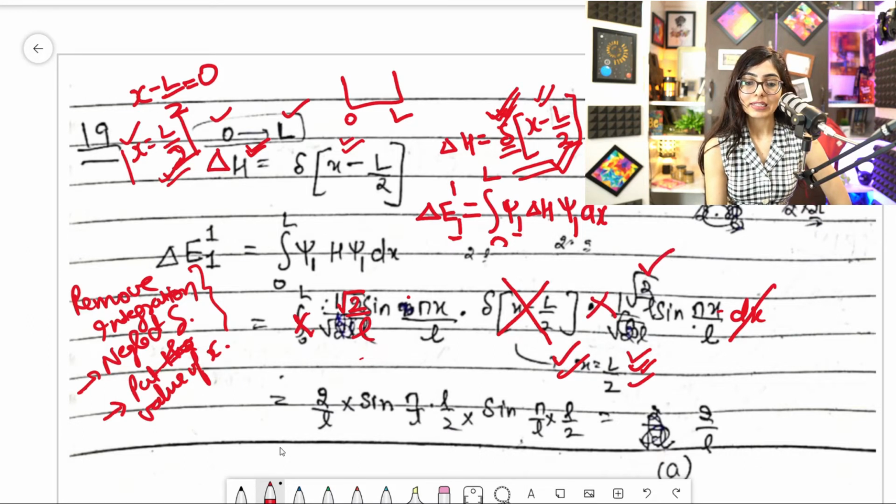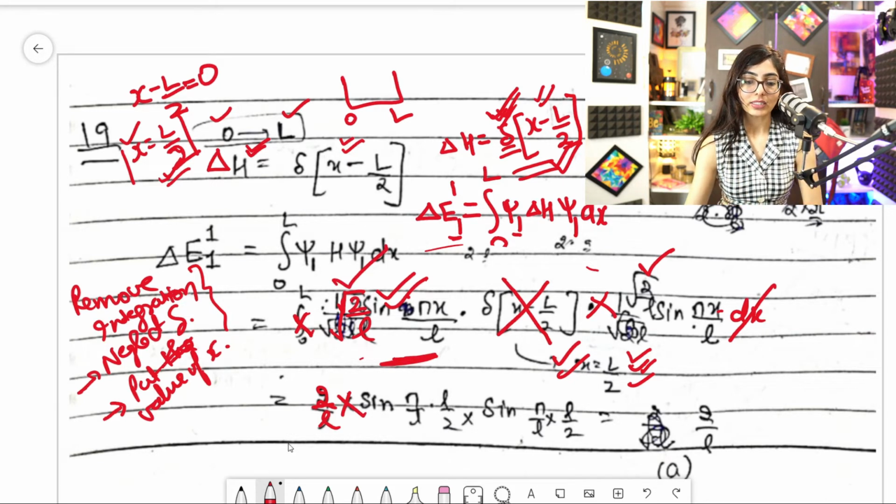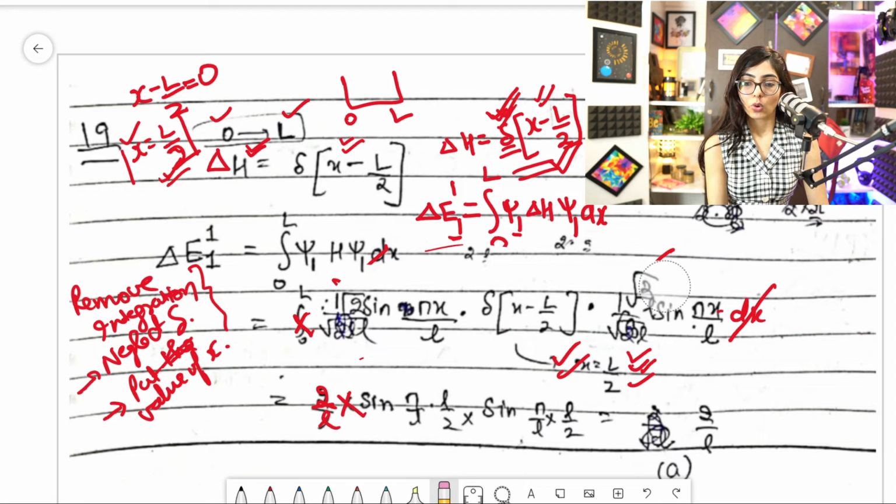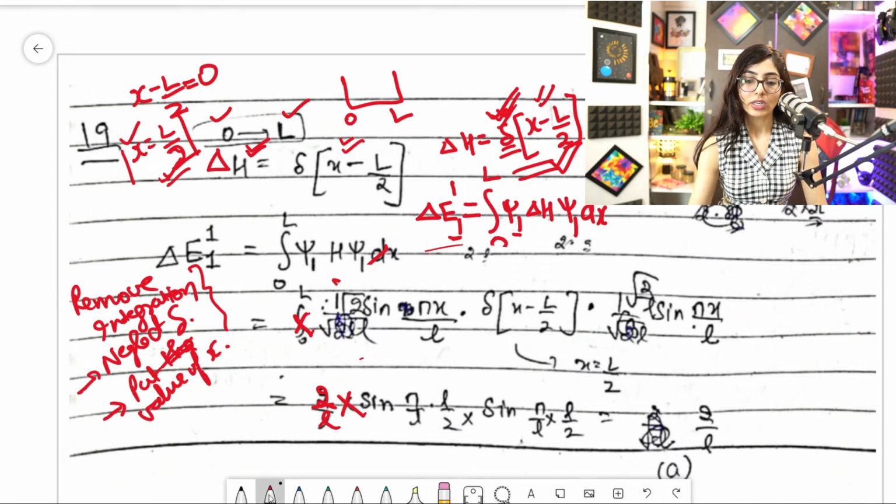So when they are multiplied like this, they become 2 by L, because root 2 by L twice gives 2 by L. Now I will take this part, which is sin pi x by L. I'm ticking the things which I have done so that it becomes clearer to you.